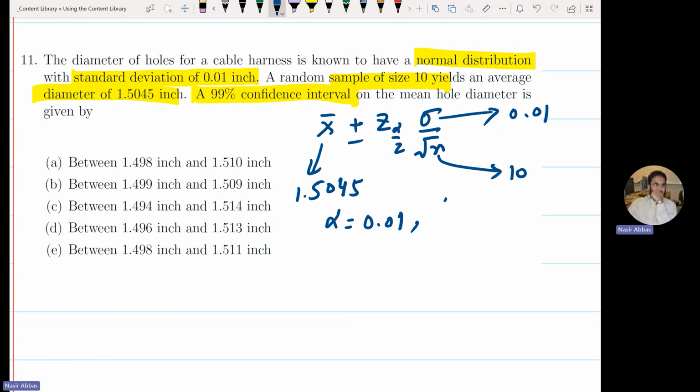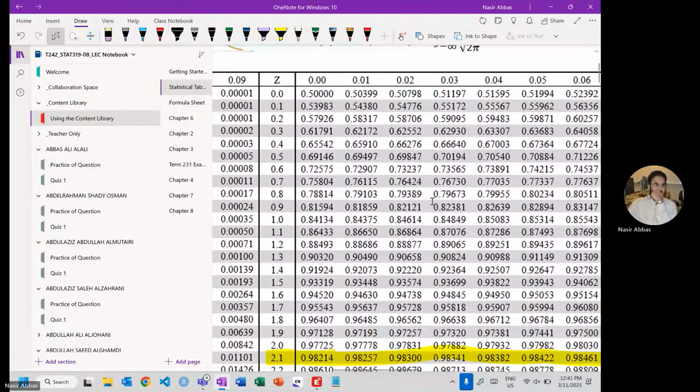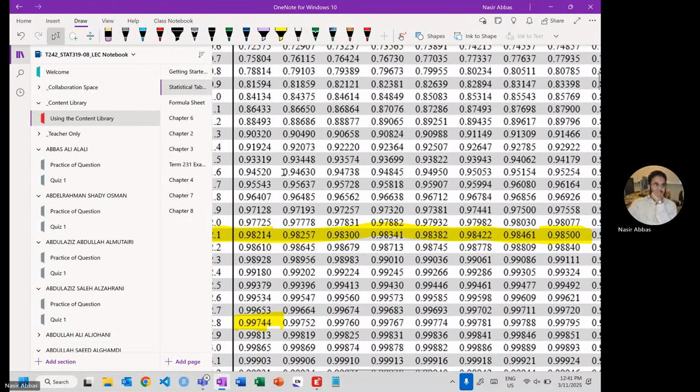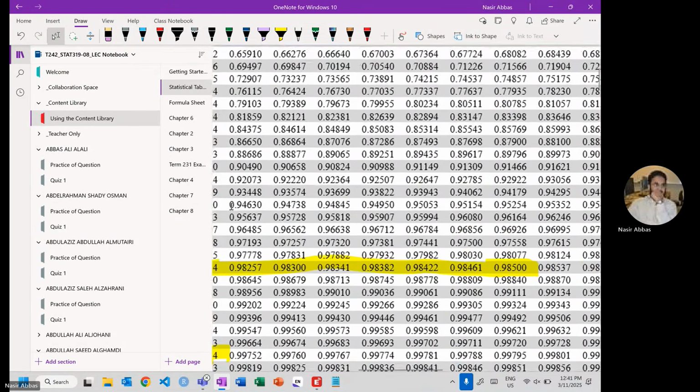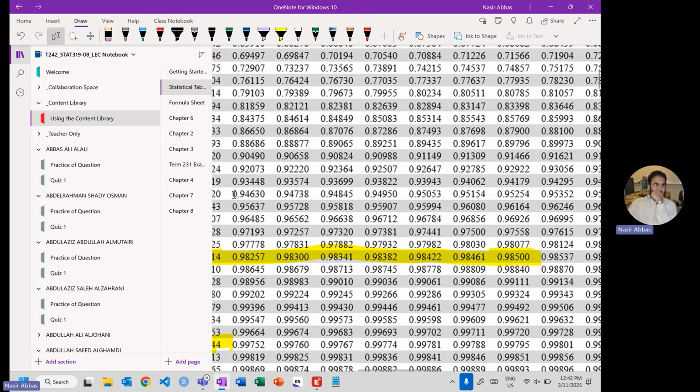What is alpha by 2? What is 1 minus alpha by 2? So go to the Z table, look for 0.995. Let's go to the Z table and look for 0.995. Where is 0.995?